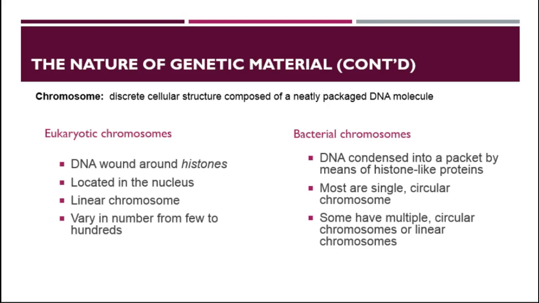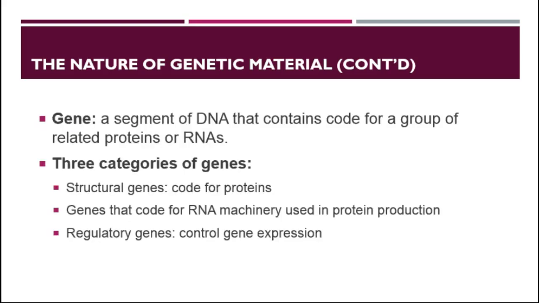The bacterial chromosome is mostly single. So most bacterial cells have one chromosome, and it tends to be circular. However, there are some bacteria that have multiple circular chromosomes, and there are some prokaryotes that also have linear chromosomes, so not all are circular.